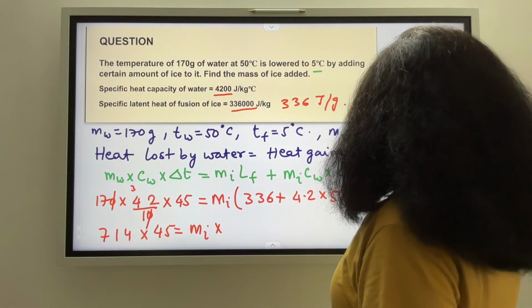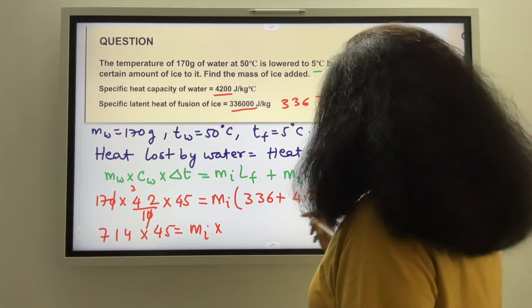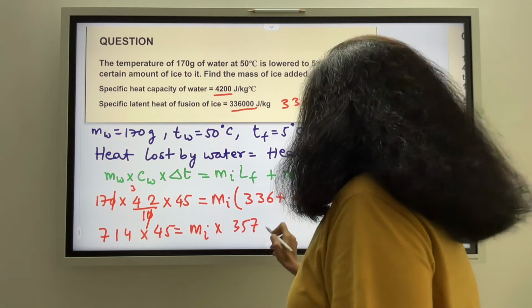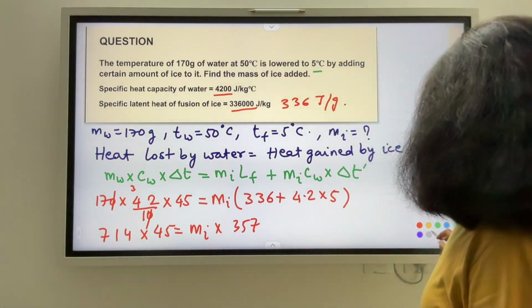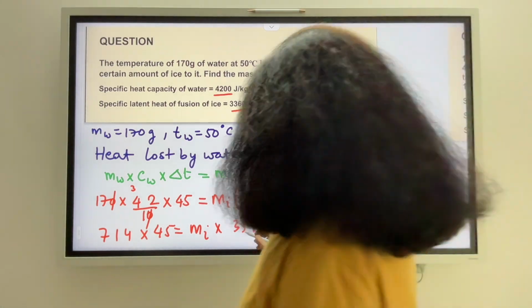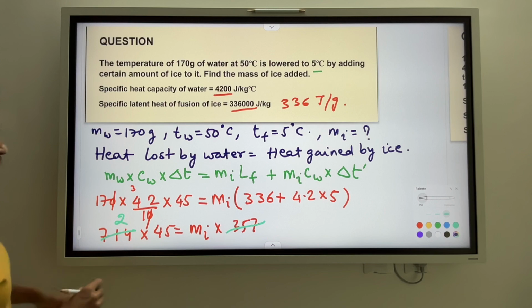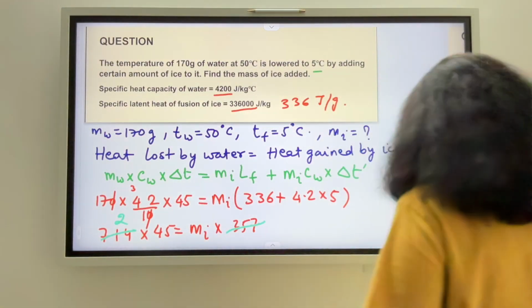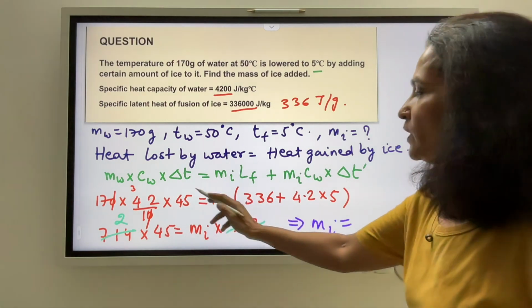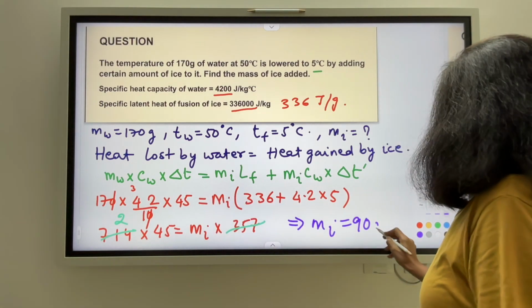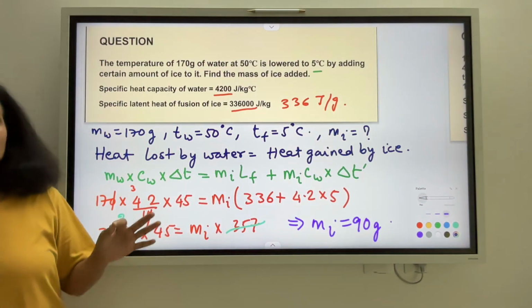So we have 336 plus 21, isn't it? So 357. Now let us simplify this. 357 into 2, this is going directly, this is 2 times. So we have got our answer here. So mass of ice is 45 to the 90 gram. Here's our answer.